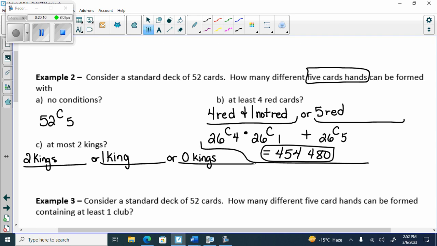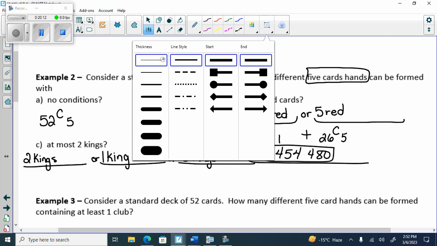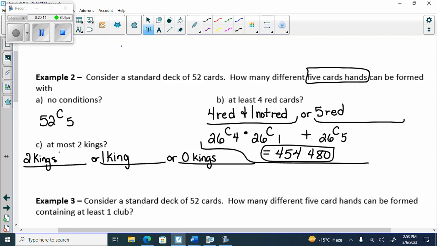There's no cards. So, this one has 2 kings, and I need 3 not kings. This one has 1 king, and I need 4 not kings. This one has 0 kings, and I need 5 not kings.